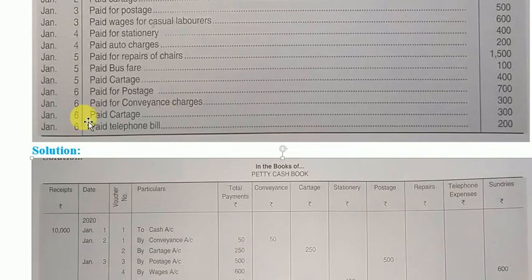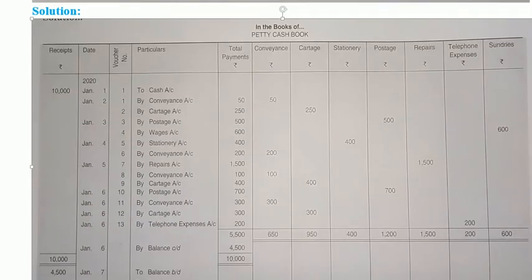Now proceed towards another transaction, January 6 paid cartage worth rupees 300. So you can see that we have recorded this transaction on January 6th with an entry of by cartage account 300 rupees in the total payments column, and we'll do the same, we'll record in the cartage column also worth rupees 300.